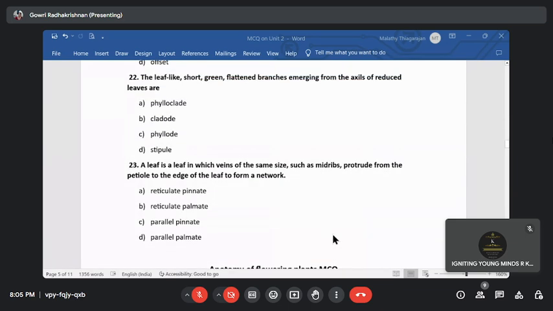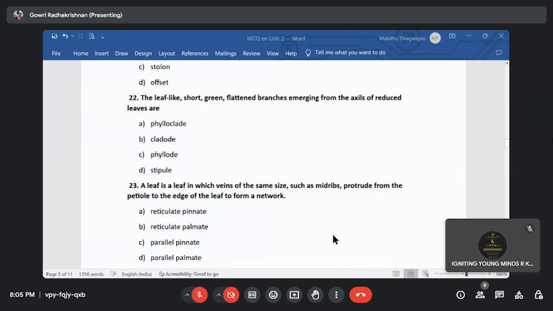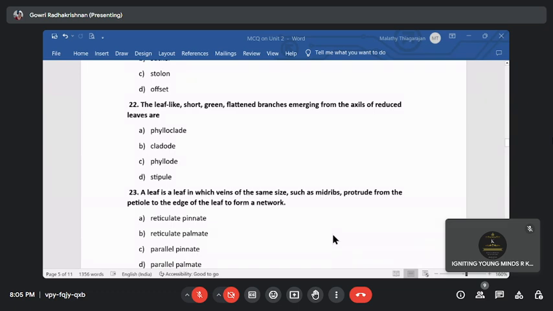Ma'am, for the 22nd question, ma'am. The leaf-like short green flattened branches emerging from the axils of it. Okay. Option C, phylloclade.